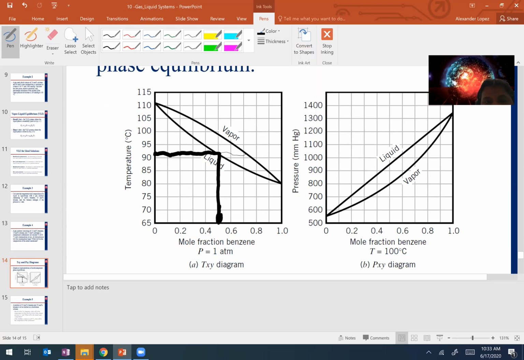Let's try this. Right here. And so this would be the vapor that's in equilibrium. So from that, I could estimate the composition in the vapor phase to be a little over 0.7 benzene. You could say it's probably 0.73 benzene.